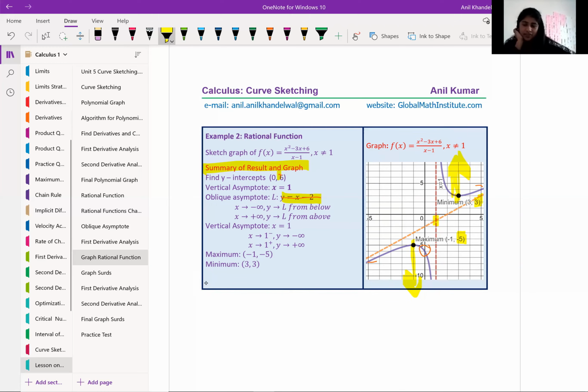We say the range equals y belongs to real numbers such that, which is a straight line, correct? And then you write two inequalities. The first one is y is less than or equal to -5, right? Union, or. Or write the union symbol, right?